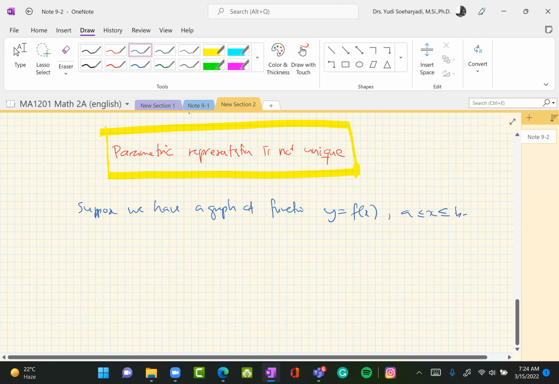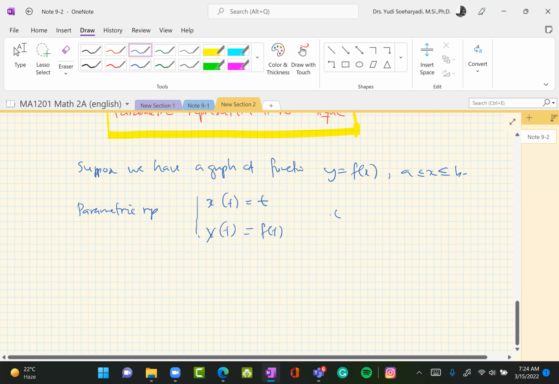Okay, then we can make parametric representations. X is t, y is f of t. Okay, so then this gives you t between a and b. Okay, so this gives you the parametric representation of these functions.